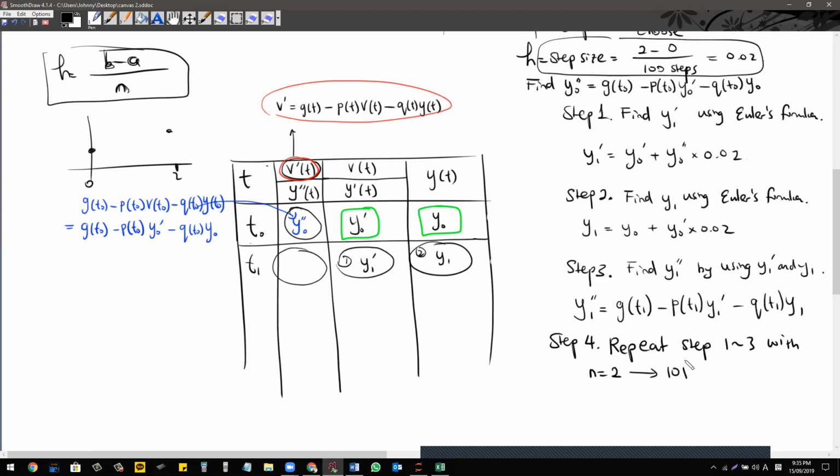Hold on. So this would be 0. This would be 0.02. If you go down, t2 would be 0.04, right?